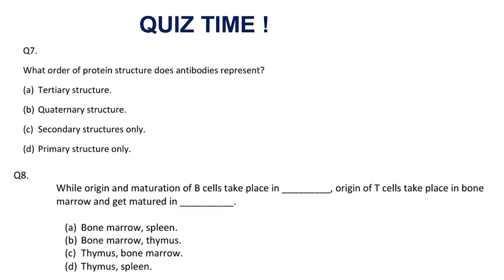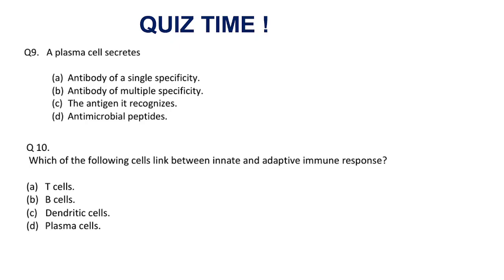The origin site for both B cells and T cells is the bone marrow. B cells also mature in the bone marrow, while T cells mature in the thymus. So the right answer is bone marrow and thymus. That is option B.